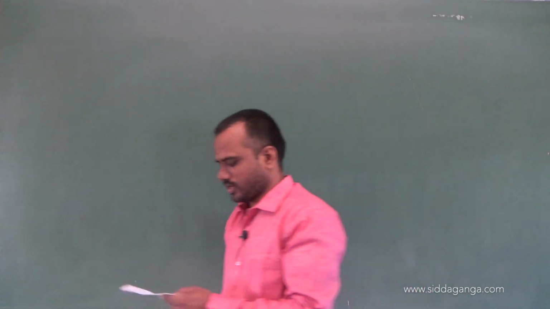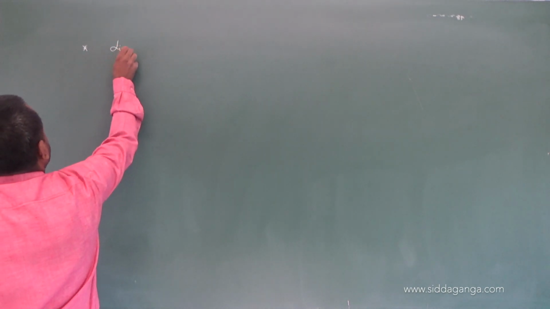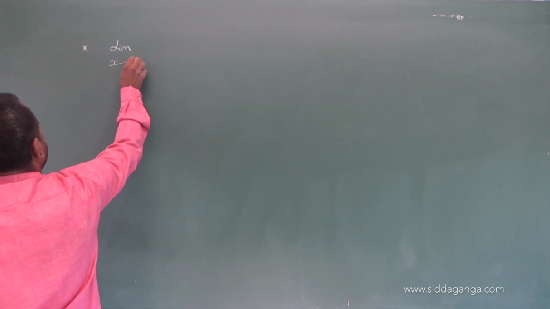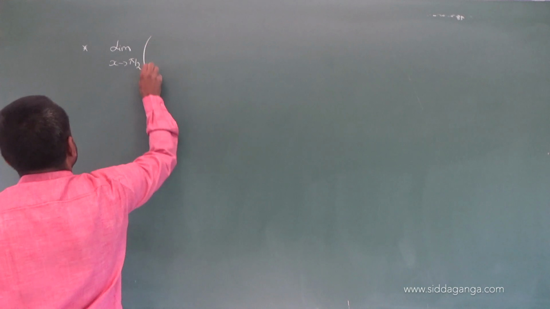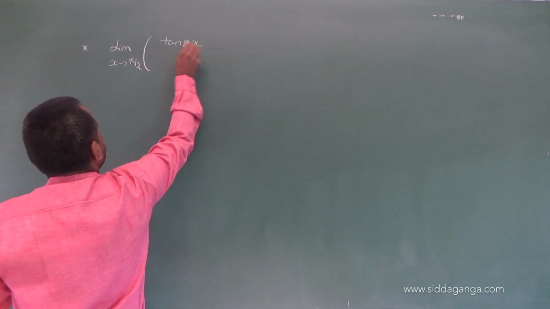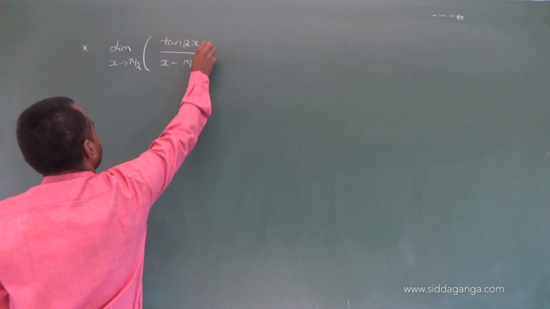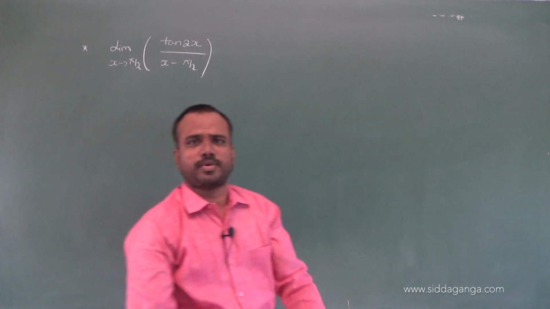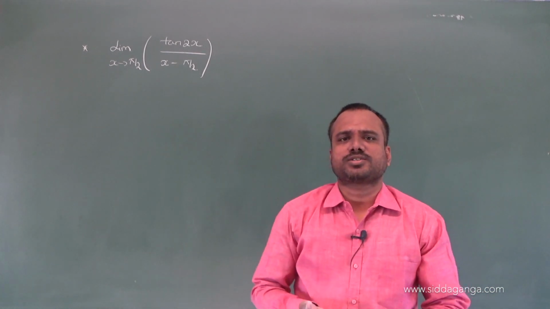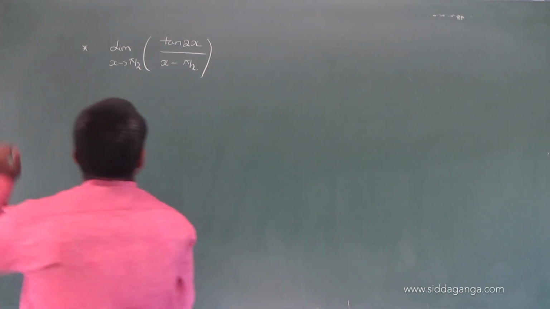Next problem: limit x tends to pi by 2 of tan 2x divided by x minus pi by 2.